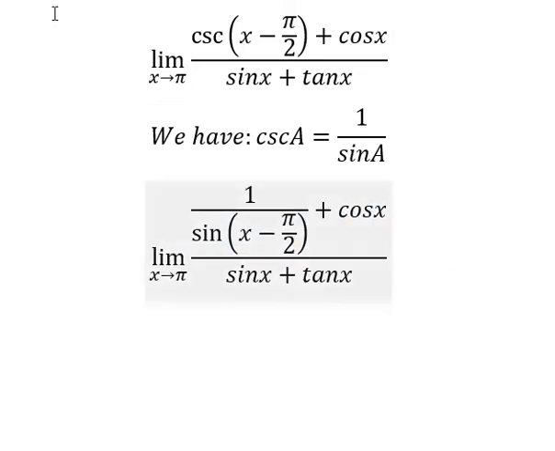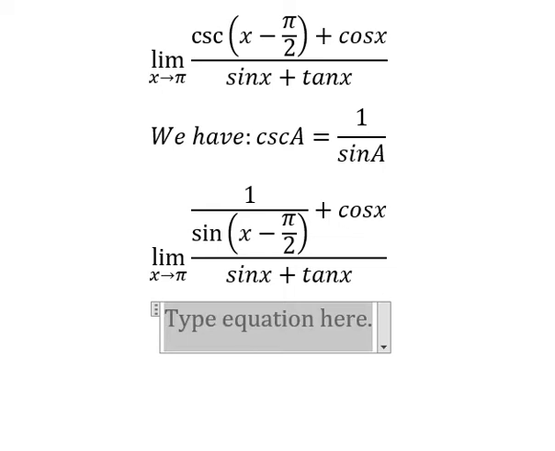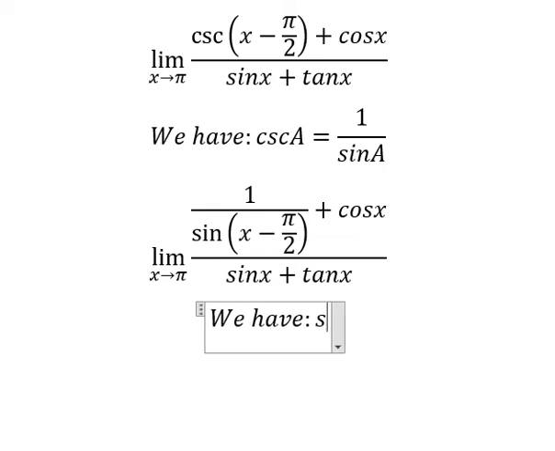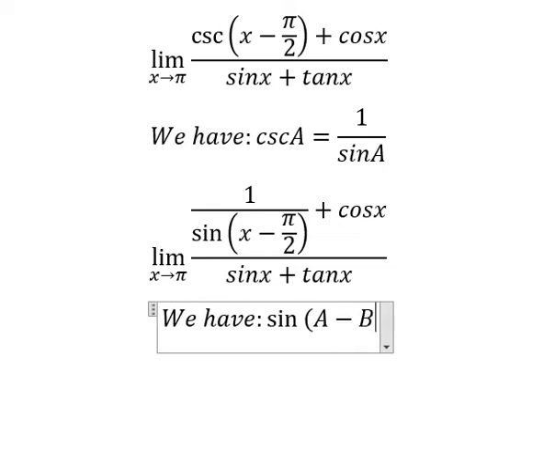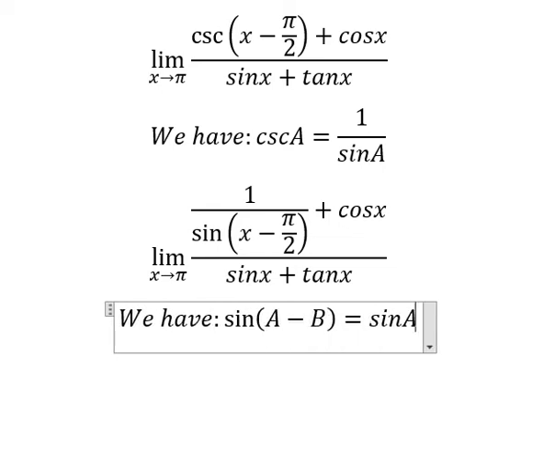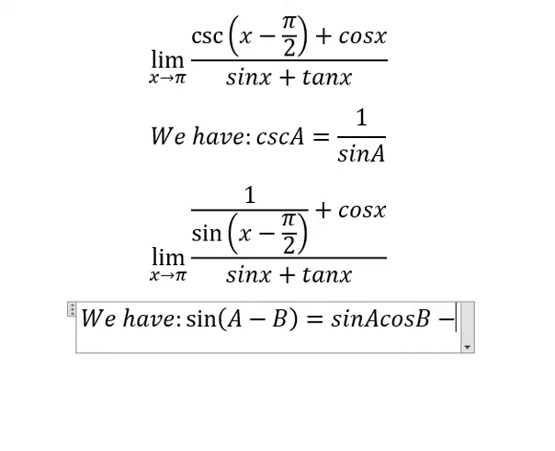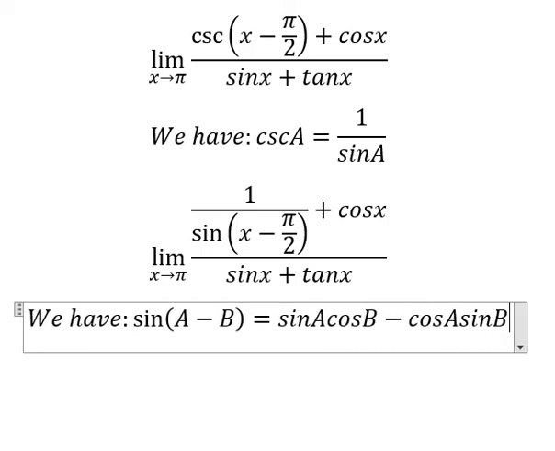Next, we have sine A minus B equal to sine A cosine B minus cosine A sine B. So we can apply this formula for this one.